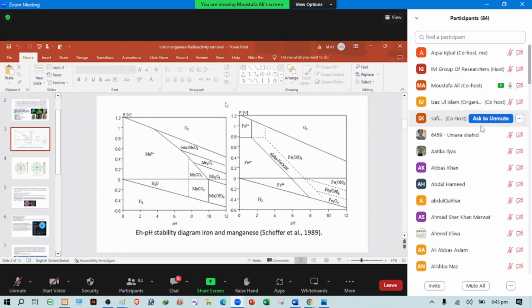So the main concern for us in such an application is the removal of iron, manganese, and at the same time radioactive material and the toxic divalent species in the water.